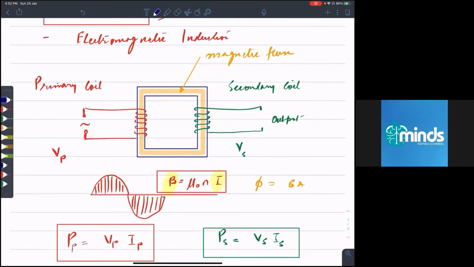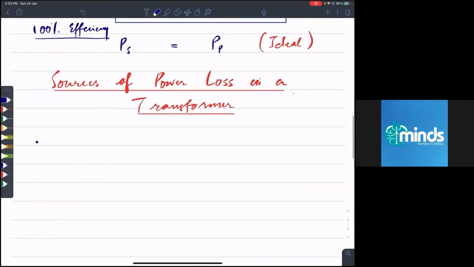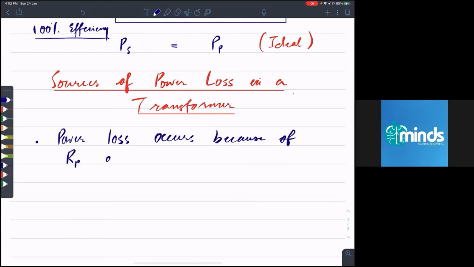In exactly the same way, the secondary coil must have some resistance, so some power is lost because of the resistance of the secondary coil. So number one is power loss occurs because of Rp and Rs.